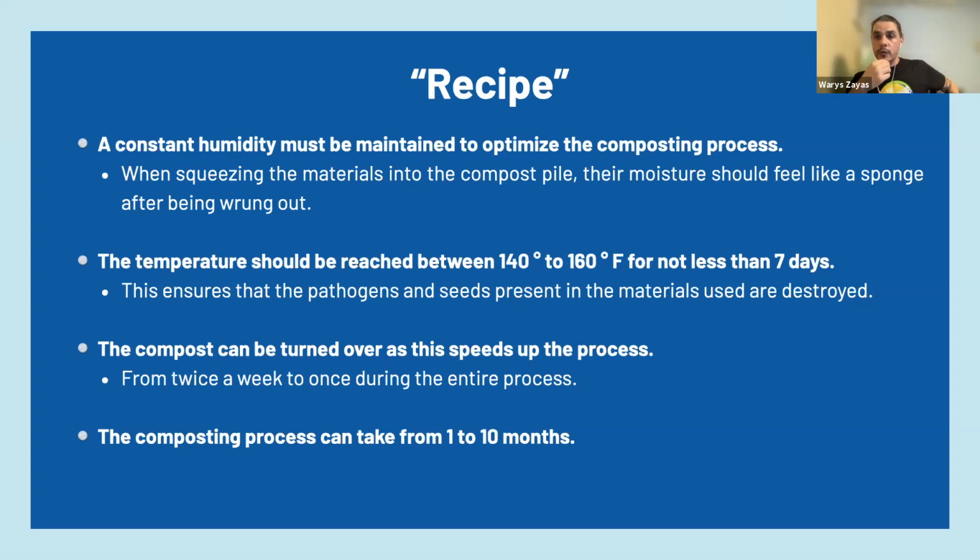Industrial compost plants have sensors and other methods to know the specific humidity in the piles, but you don't need to have all that equipment. One good measure you can use is squeezing some of the material.